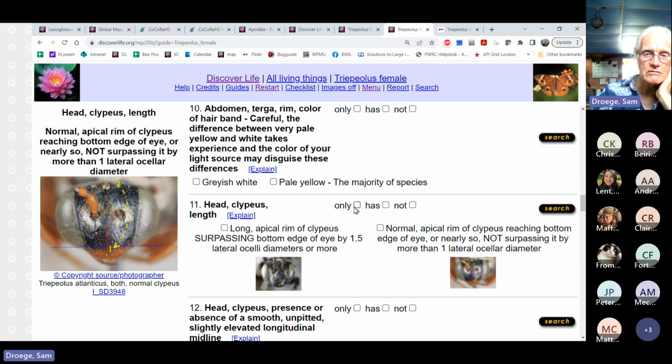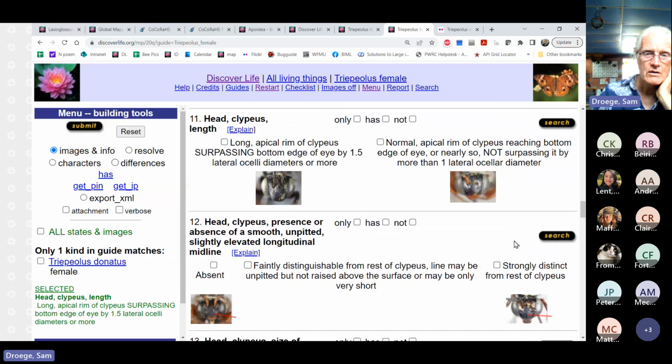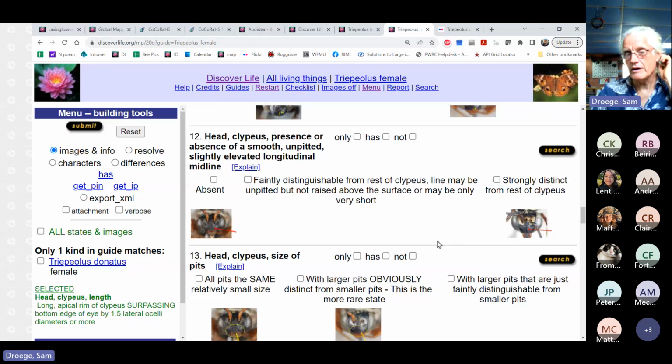Let's see what species are involved as having a long Clippius face. Really only one, Donatus. So maybe that's why I'm not seeing a lot of differences there. This next one, though, is used a fair amount, and there's quite a bit of variation on it. It's a relatively good character that can be seen.